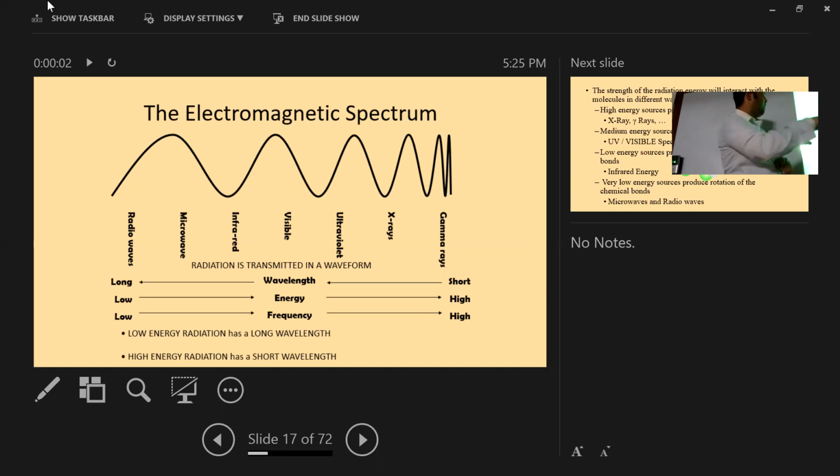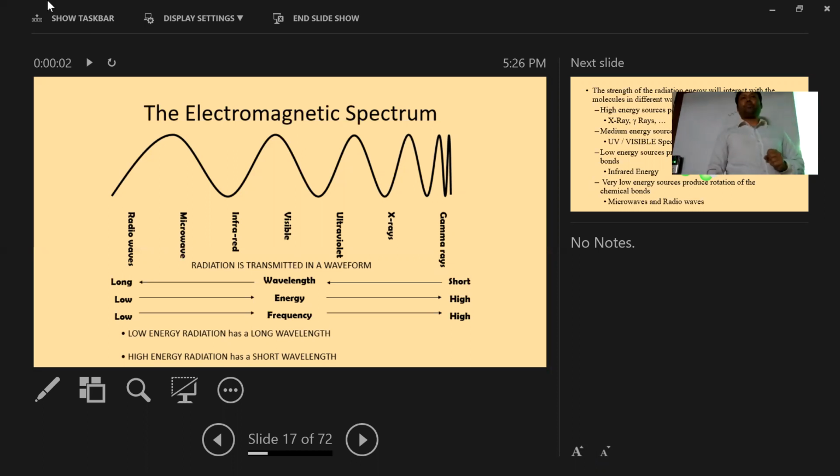Microwave and radio wave are used in television, radio or mobile phones. These are very low energy and do not affect our body too much.